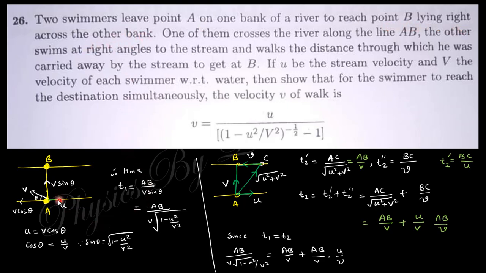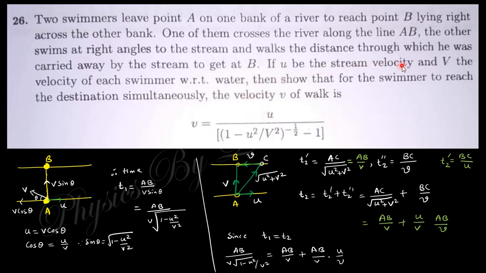So there is point A and this is point B. They want to swim from A to B. One of them crosses the river along the line AB, and the other swims at a right angle to the stream and then walks the distance through which he was carried by the stream to B. So the other one started perpendicular, and that's why you finally get this point. After that you will reach B by walking.